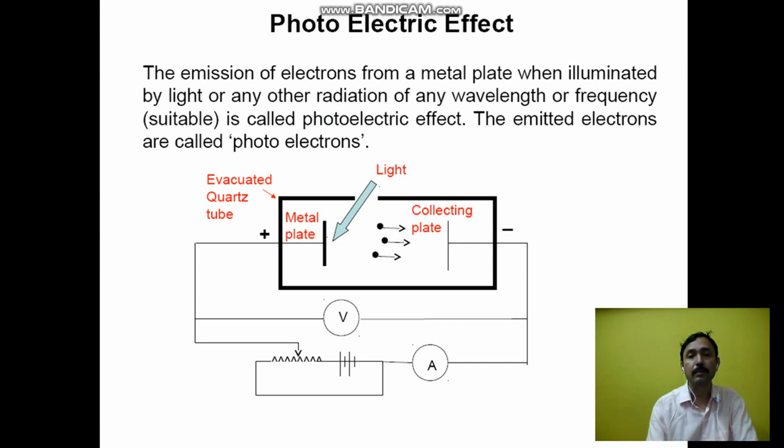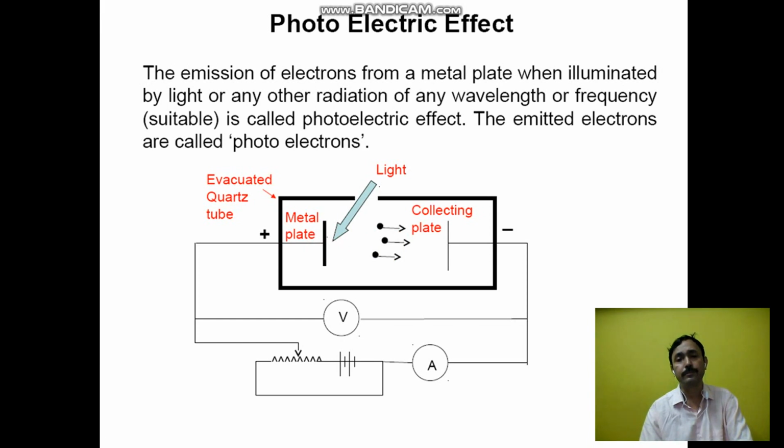So for a particular applied potential, what will happen? These electrons will not be liberated. All the electrons will be here. Why is it not liberated? Actually, the plate is negatively charged, and the electron is also negatively charged. So it is stopping its movement or its acceleration. Then what is happening? It is just on the metal surface for a particular voltage.